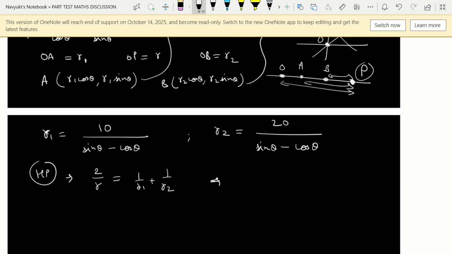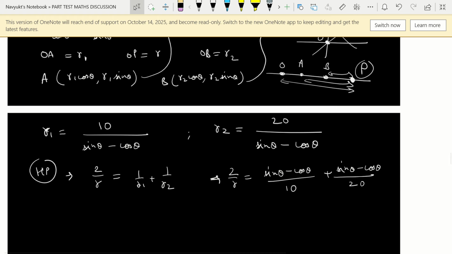This gives us the relation that 2 upon R comes out as sine theta minus cos theta by 10, because we are taking the reciprocal, plus sine theta minus cos theta by 20, right? So this will give us the relation of R.